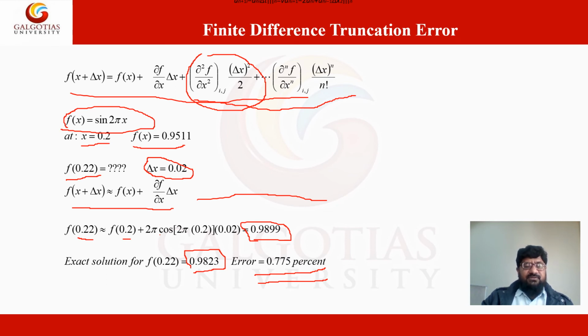So this was a simple explanation of truncation error and order of accuracy. If we use this term and this term also in our calculation, then it will be called a second order accurate solution.